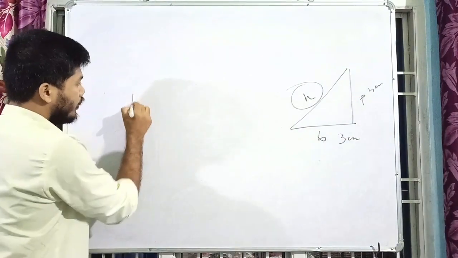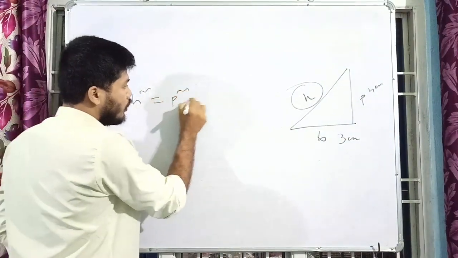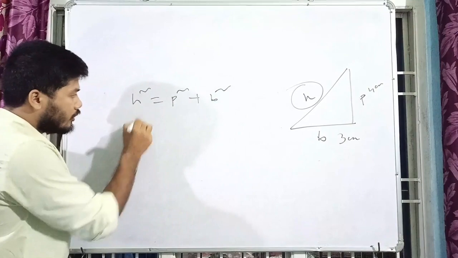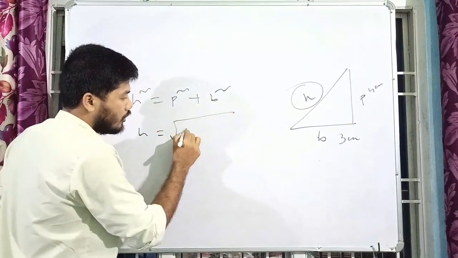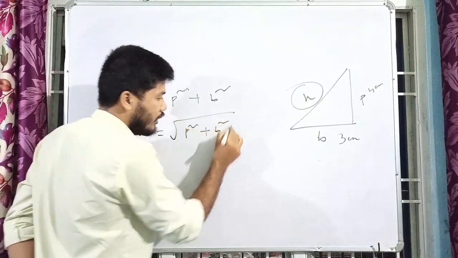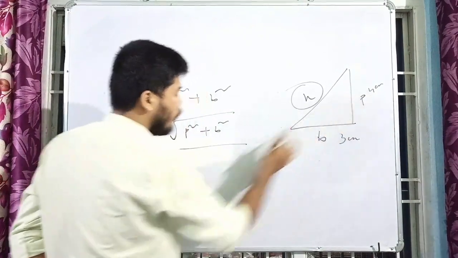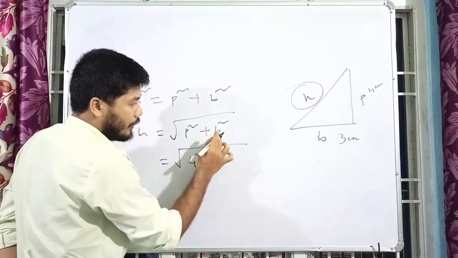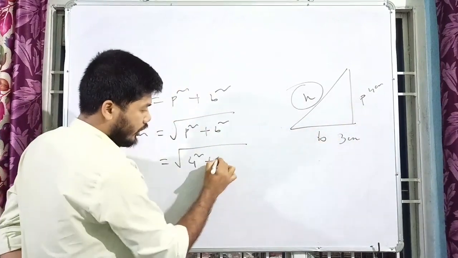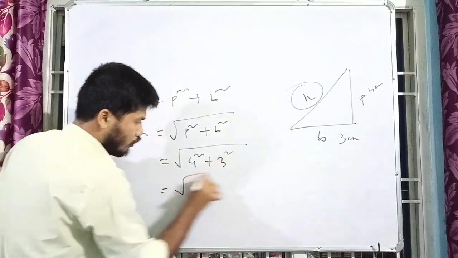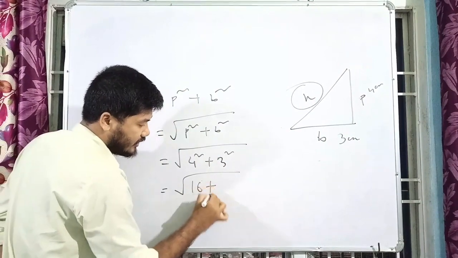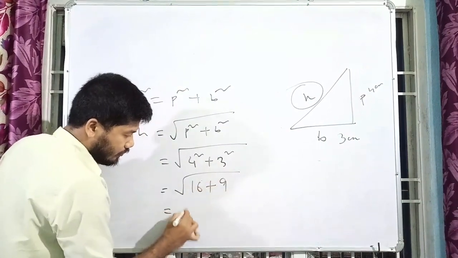Then we know that h square is equal to p square plus b square, so h is equal to under root p square plus b square. Put the value of p as 4 cm, that is 4 square, plus b is 3, so 4 square is 16 plus 3 square is 9.